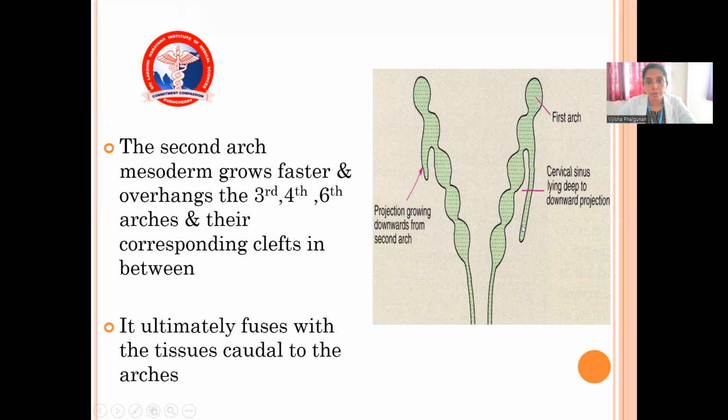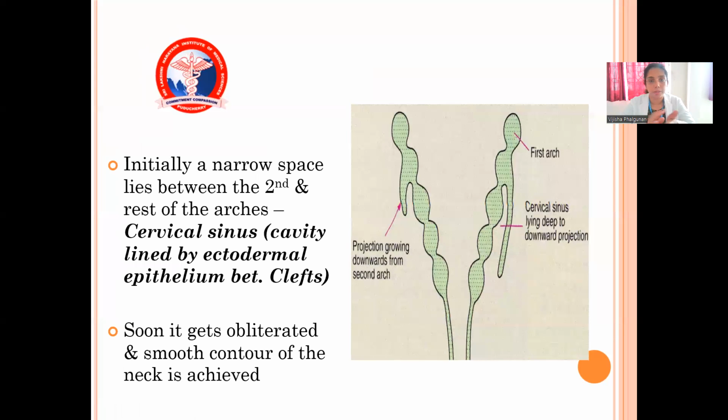This prolongation is going to fuse with the other layer and completely seal off these bulges, or the arches, thereby giving a very smooth external appearance. Initially, during its prolongation and fusion with the lower region, a narrow space lies between the second and the rest of the arches.